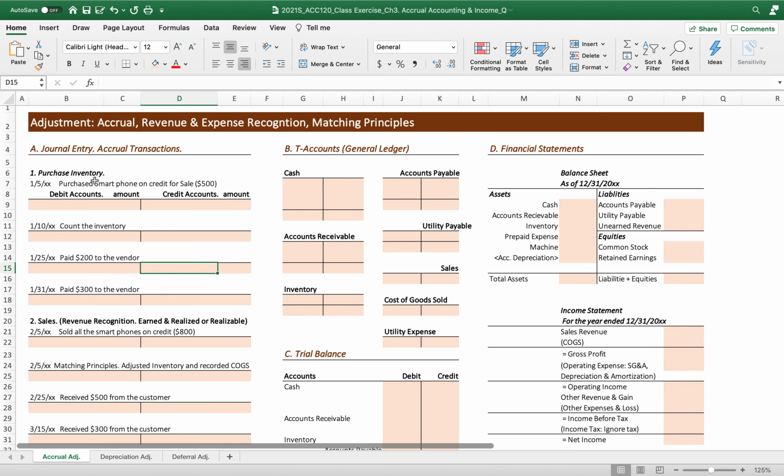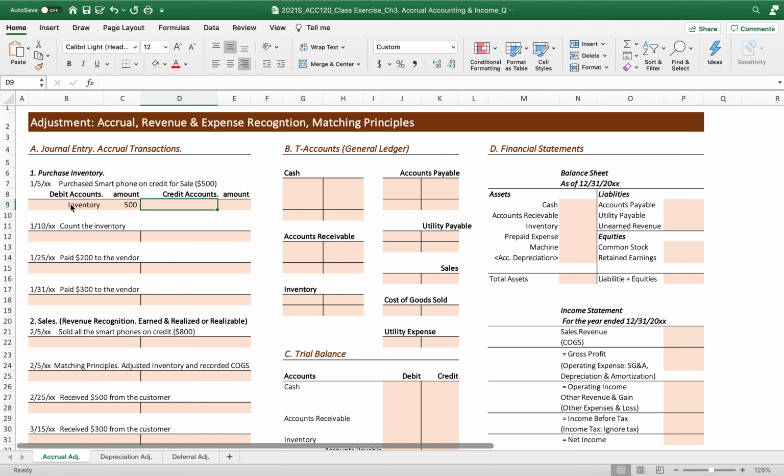Purchased inventory. This company is a merchandising company selling smartphones. So the company purchased, on January 5th, smartphones on credit for sale, 500. So it is asset up. Inventory in the company is now up.